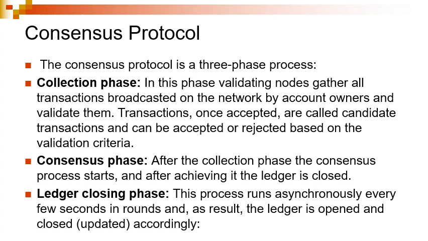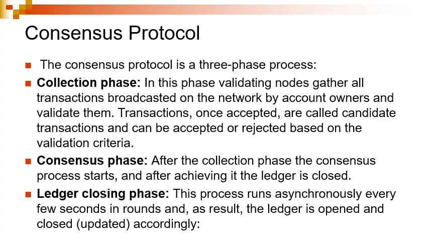Then the next stage is the consensus phase. After the collection phase, transactions are collected and validated, and candidate transactions are created. Then the consensus process starts, and after achieving consensus, the ledger is closed.